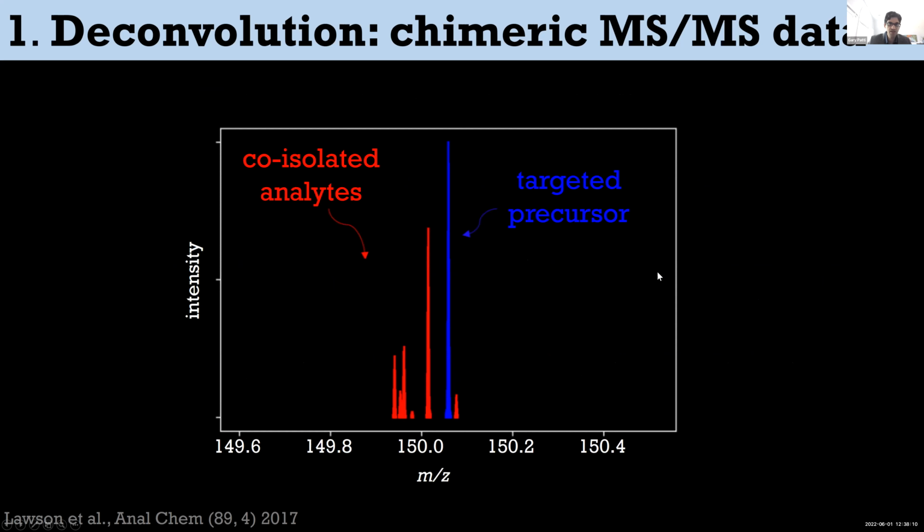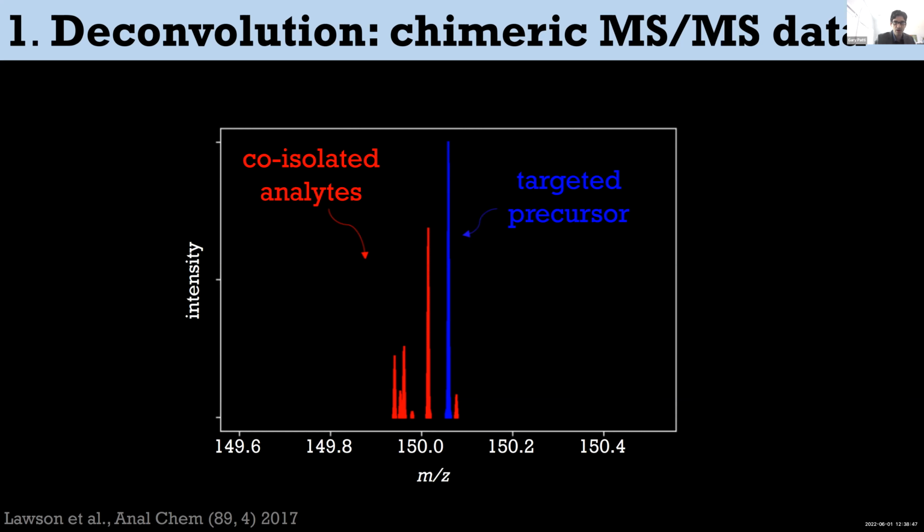In this approach, you look at an adjacent MS1 scan to your MSMS data, and you consider your targeted precursor, colored here in blue, and you ask how much of the intensity is coming from your targeted precursor compared to all of the other analytes present. In this diagram, we would be asking what percentage of blue is contributing to this composite spectrum. The amount of red present would represent the percentage of contamination.